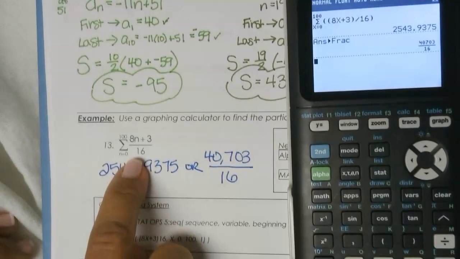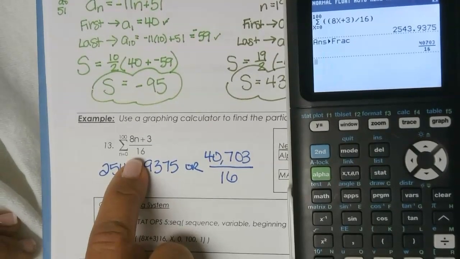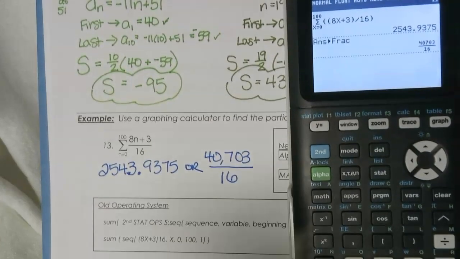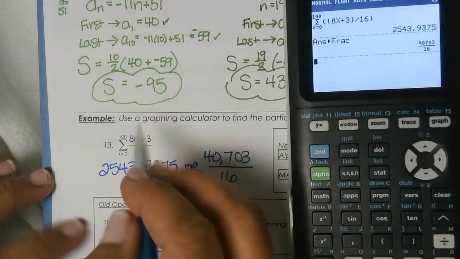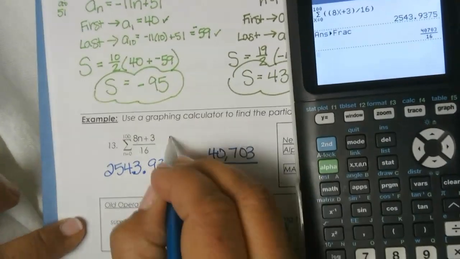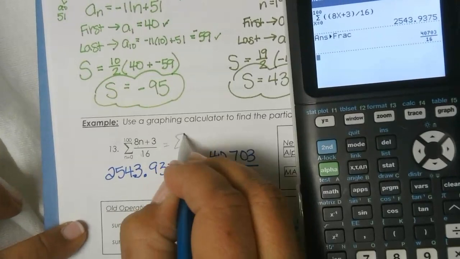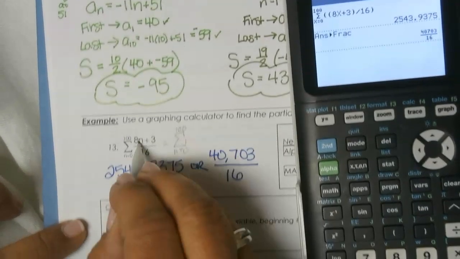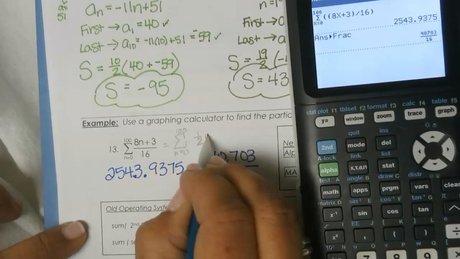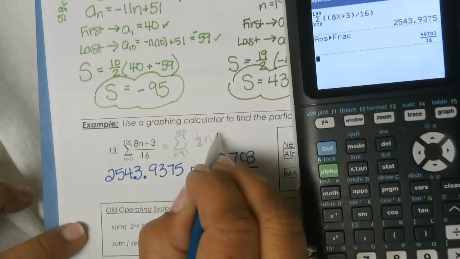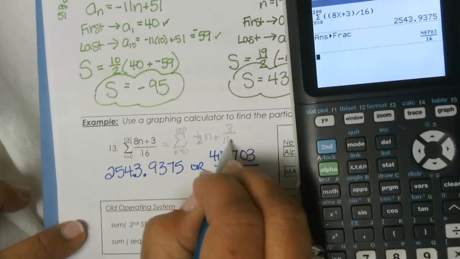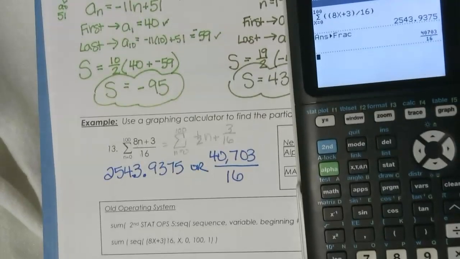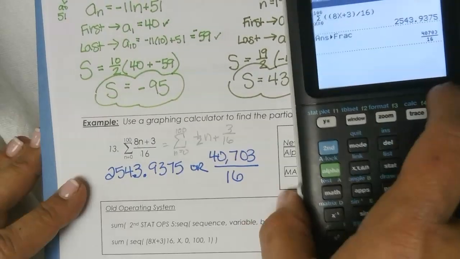This is technically arithmetic. If we rewrote this by applying the 16 to everything, this would be the same as the summation from 0 to 100 of 8 over 16n, or 1/2 n, plus 3 over 16. And then you could use the rules above for that.